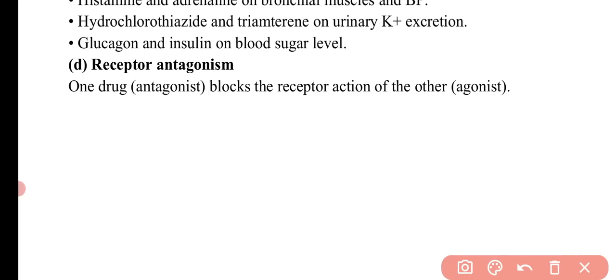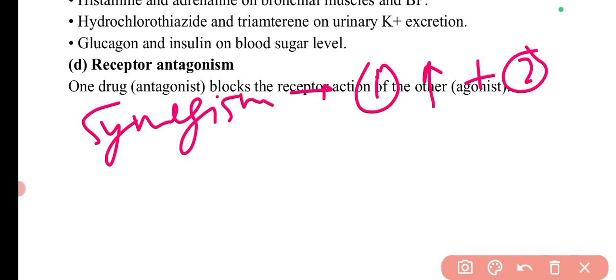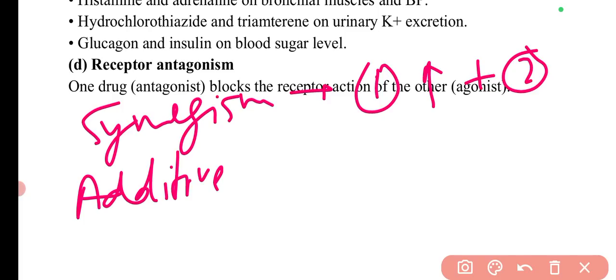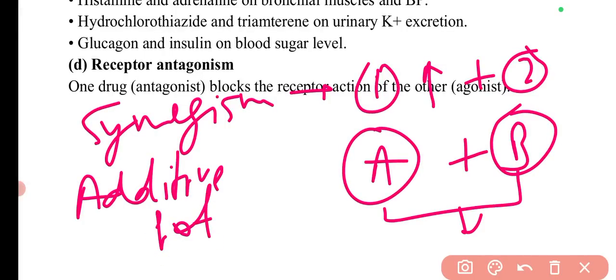In combined effect of drugs, we will study basically the synergism part. In synergism, the action of one drug is increased by the addition of a second drug. So it can be additive. Additive means if A and B drugs are given separately and then given in combination, they will produce the same level of effect. Then there can be the potentiation or superadditive effect.